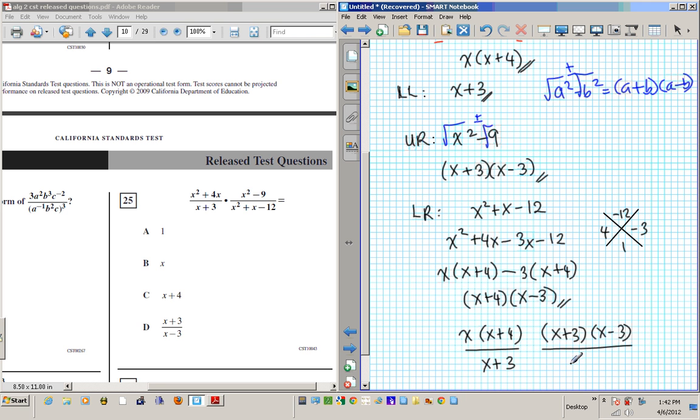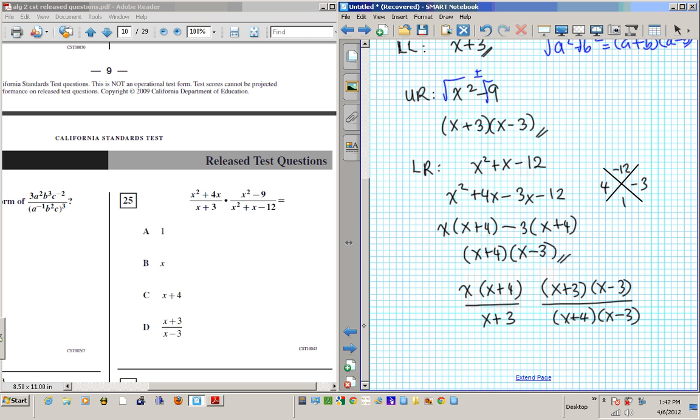In the lower right, I have x plus 4 times x minus 3. Let's see what cancels here. This one cancels out with that, which is good. We're left with 1. This one goes into itself once and goes here once. This one goes into itself once and goes here once. You're left with x. So your final answer to this problem is just simply x.